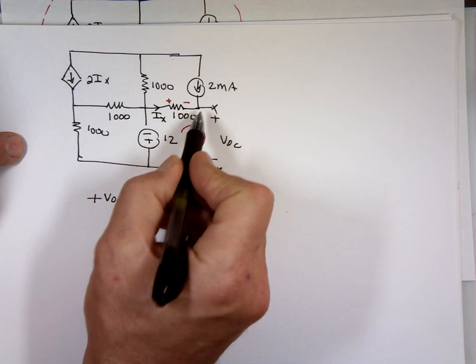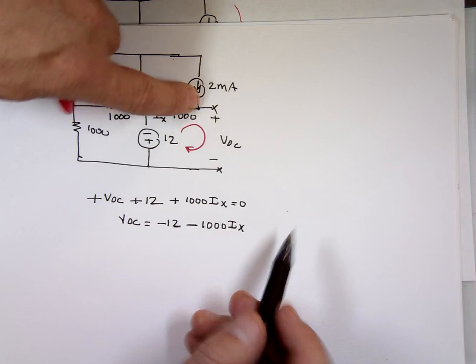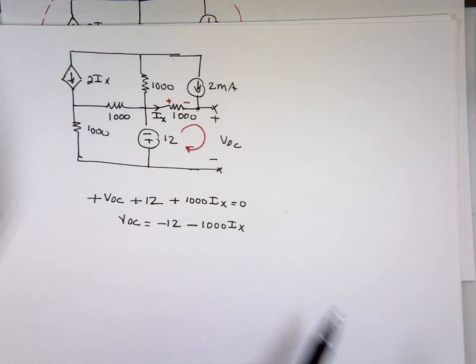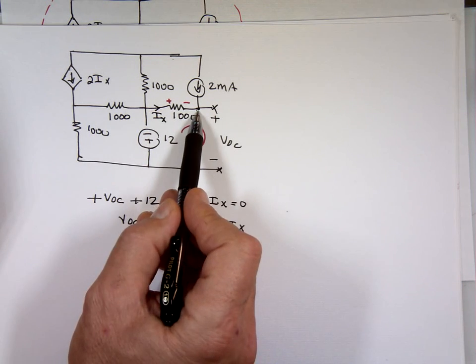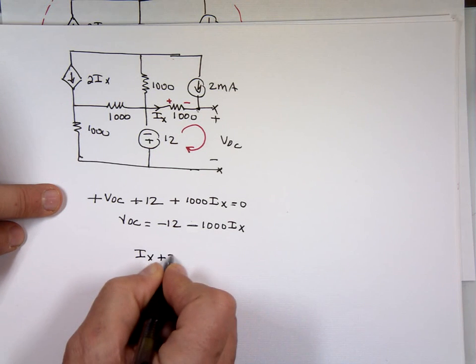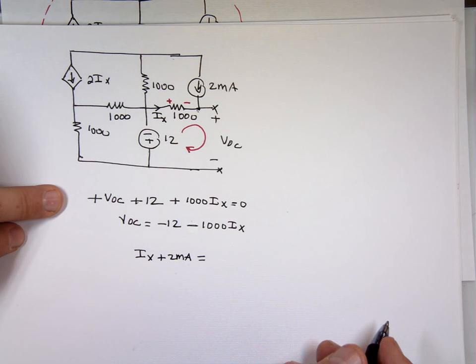If you look at KCL at this node, what did KCL say at that node? Sum of the current entering that node is 0. What is the current entering the node here? I sub x plus 2 milliamp equals the current leaving. What's leaving that node?